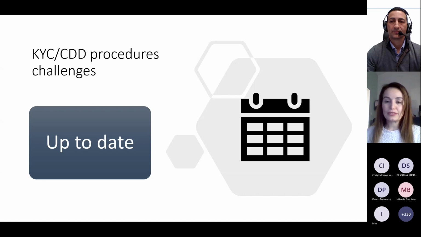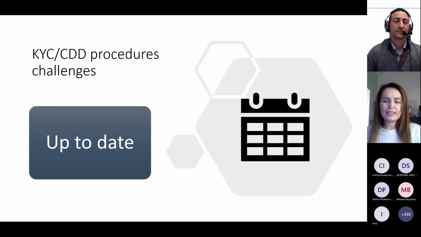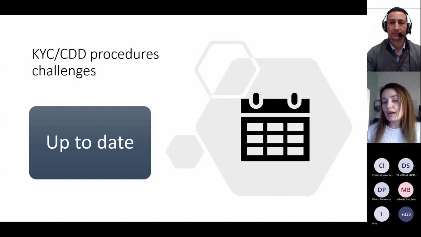We will see, for example, the upcoming changes that we expect to see, at least in the European Union. But not only for every regulatory update: if something happened with the customer and there are additional risks, then we need to amend our policies and procedures to mitigate those risks.